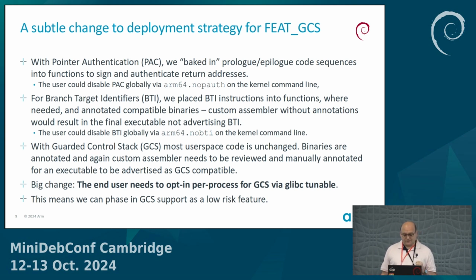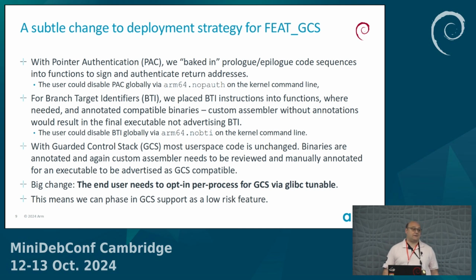With guarded control stack, we don't actually have too many changes in user space. There's a few things that change, but we still need to have some level of annotation to tell the system that this is compliant with GCS, please load it. But one really important thing about this architectural feature, which should make it hopefully easier for us to justify getting in, is it's an opt-in mechanism.